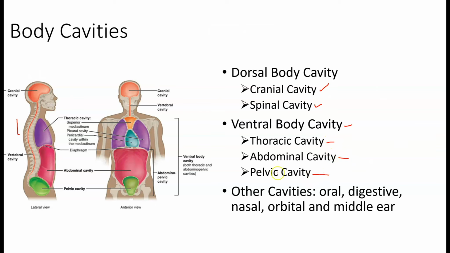Sometimes they just lump the pelvic cavity straight into the abdominal cavity. There are other cavities, of course, that we'll get into as we get into those specific units: the oral, digestive, nasal, orbital, and middle ear. But for most of our discussion in this unit, the main body cavities are what you want to worry about.